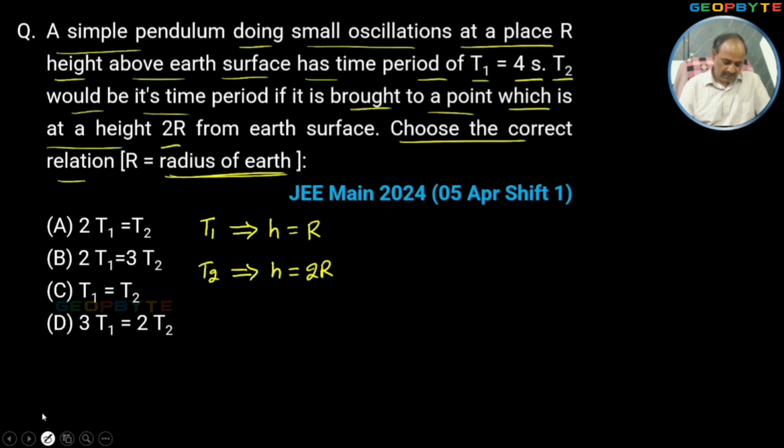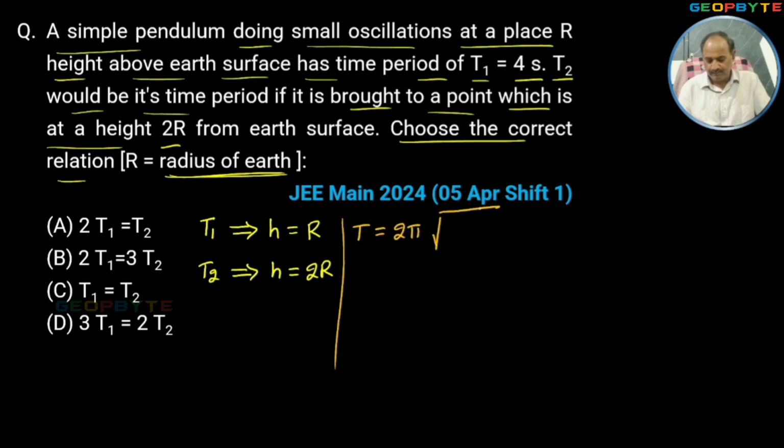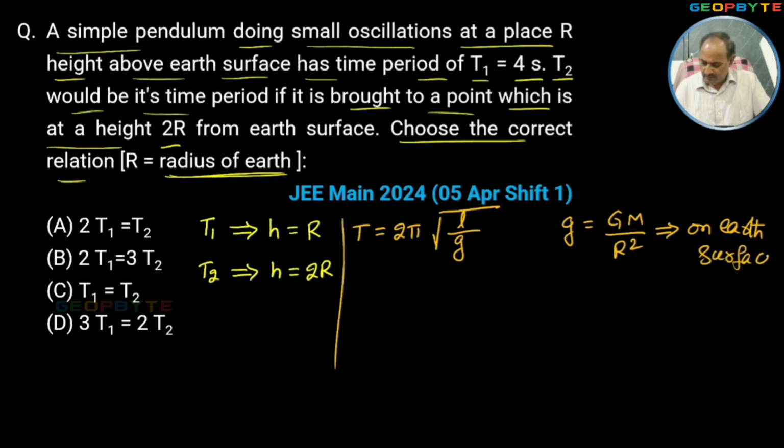As you know, the time period for a simple pendulum t equal to 2 pi into root over L by g. This g equal to Gm by R square on the earth surface. Above the earth surface, g equal to Gm by R plus H whole square.